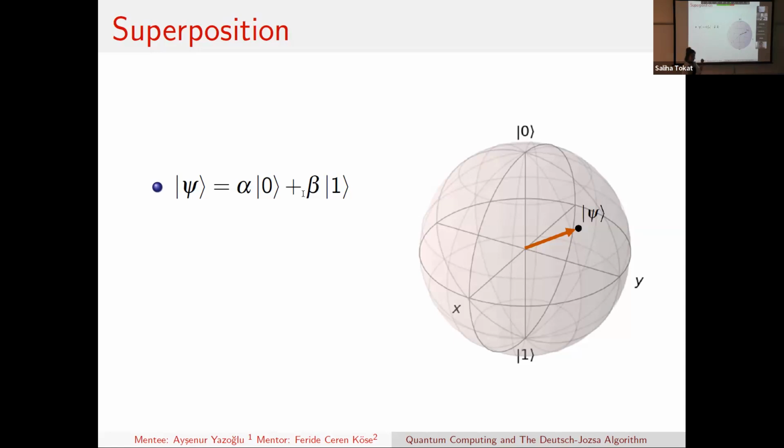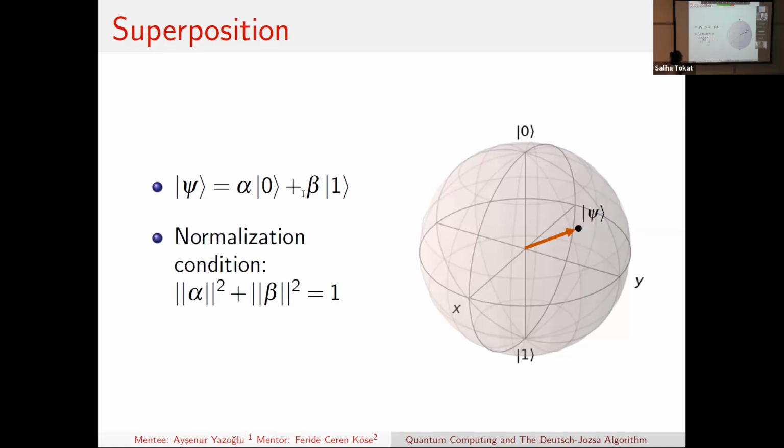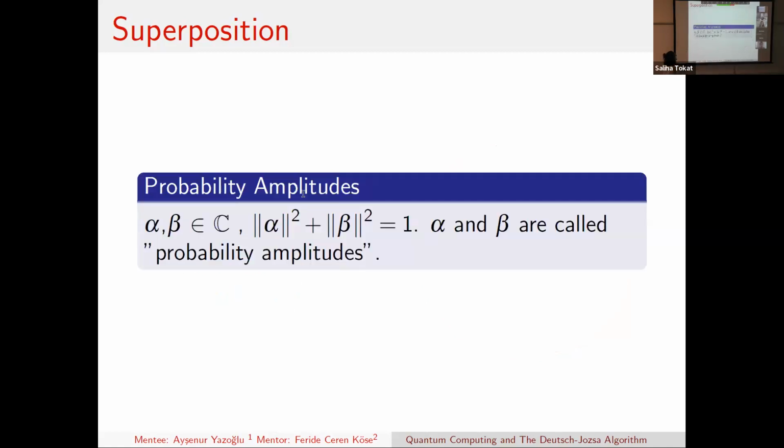Since the Bloch sphere has radius 1, we have a condition called normalization condition, which states that norm squared alpha plus norm squared beta must be equal to 1. So all qubits should preserve this condition at all times. Also, alpha and beta are called probability amplitudes.